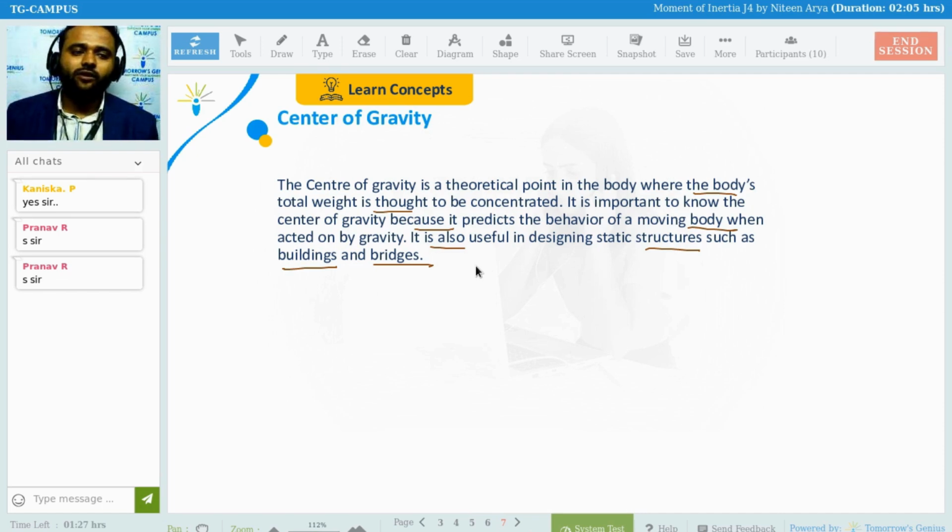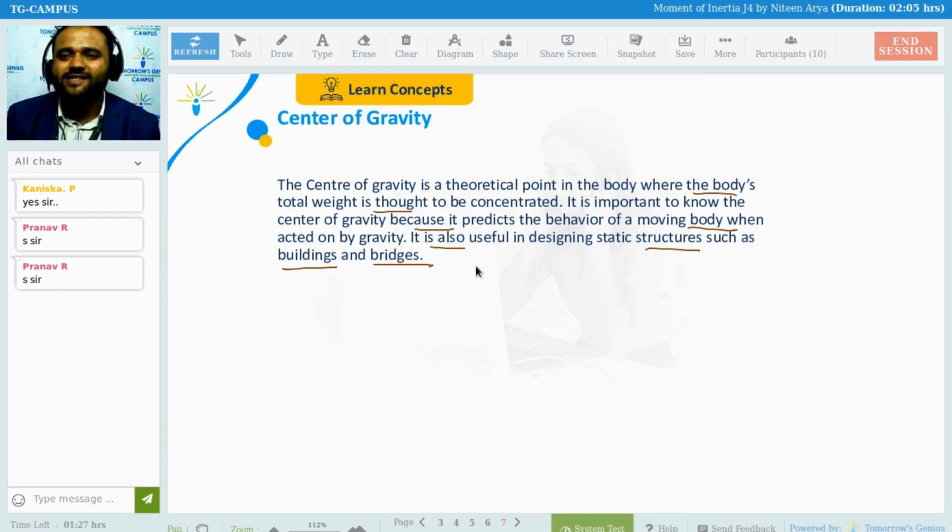If a tornado or something happens, we need to take care of that point, because if the center of gravity collapses, the entire building, the whole bridge, is going to collapse.